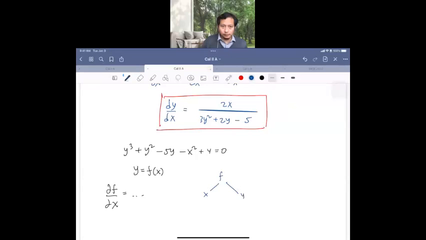We have x, we have y. This is dou f dou x, and this is dou f dou y. But y is a function of x, so we set up another x here, and this will have dy over dx.